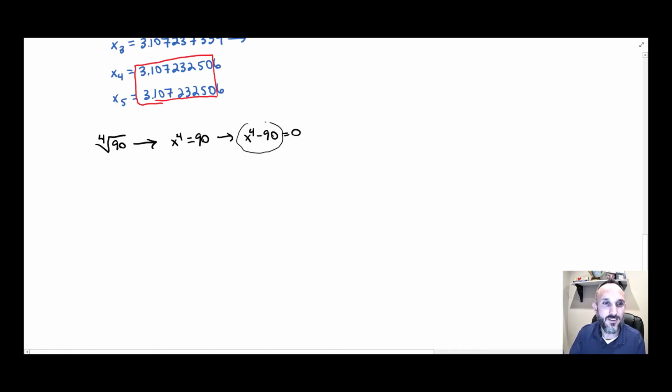This is the function we want to use because to find the x-intercept we need this to be 0. So the function in this case is going to be f of x equals x to the 4th minus 90. And it's that simple. What if we wanted to approximate the 6th root of 130? Well, then if this was x, we'd raise it to the 6th power, and that would be 130.